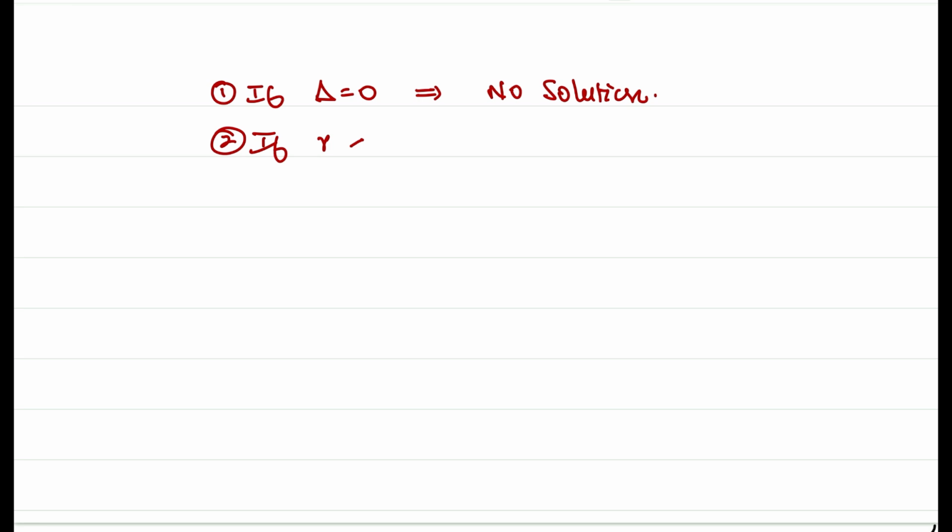That is the importance of the rank of the matrix. Let us write here: if the determinant is equal to 0, it can say no solutions. If the rank of the matrix is less than n, it says inconsistent.